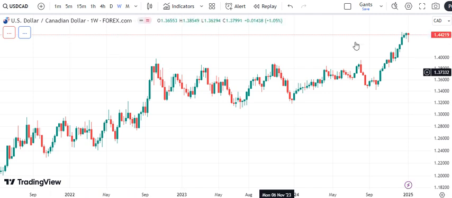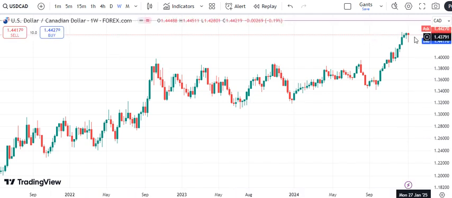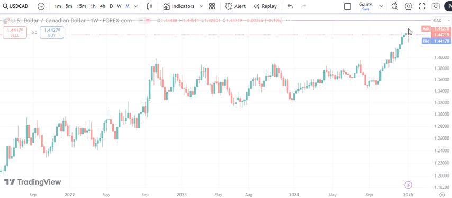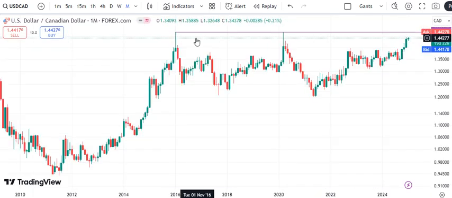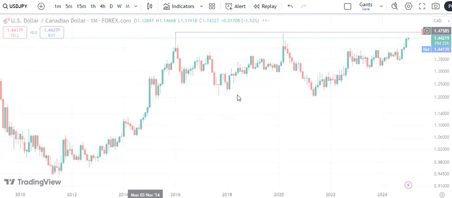Then USD CAD, Loonie, has been bearish. We highlighted this area on monthly time frame as our next draw on liquidity. We have relatively equal highs, so price is going to smash it. I am looking at price doing that very well before any form of decline.